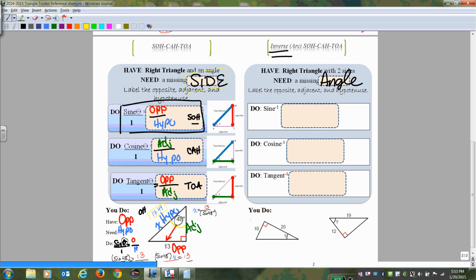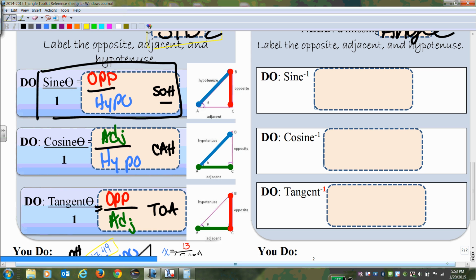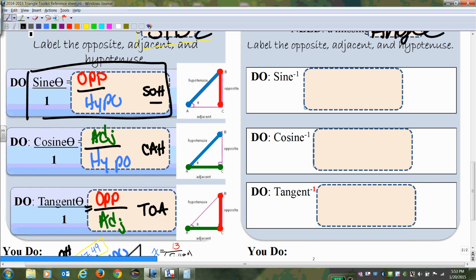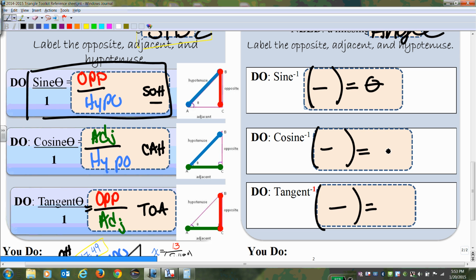Now to find angles, we use what's called inverse sine, inverse cosine, and inverse tangent, and it looks like this. Inverse sine of opposite over hypotenuse will give me the angle theta.